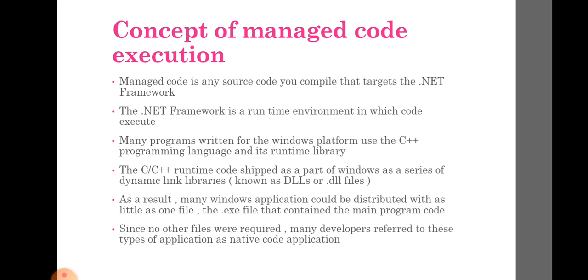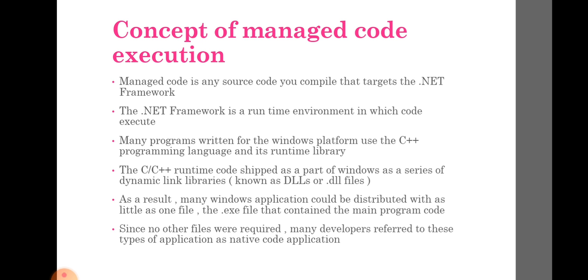In older days, before the introduction of fourth generation programming languages like Visual Basic and ASP.NET, web applications and programs were written for the Windows platform with the help of C and C++ programming and their runtime libraries, the C runtime library and the C++ runtime library.